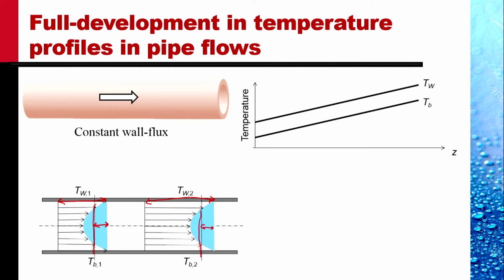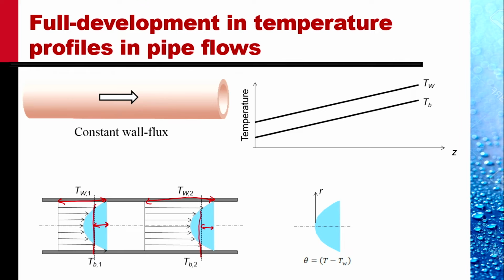So the full development in temperature profile means that it is not temperature that is invariant with Z, but it is the temperature difference theta, which can be defined as Tw minus Tb or Tb minus Tw, which is invariant with the Z direction. Thus this is an invariant temperature difference profile.